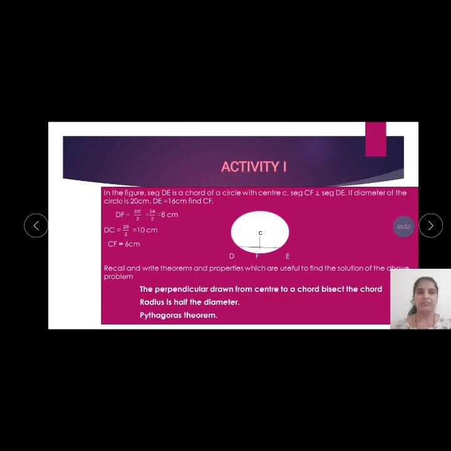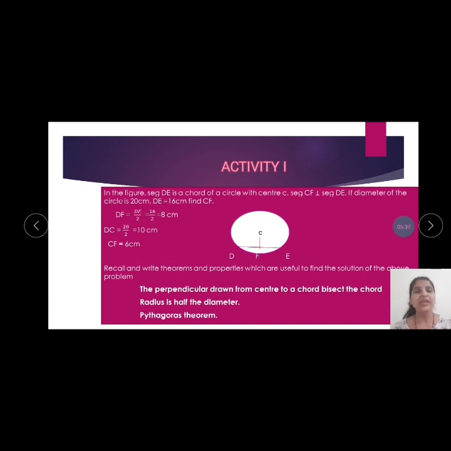Same with the diameter. Now diameter is 20, so radius will be half of that, that is 10 centimeter. Now as CF is perpendicular, we get a triangle CFD, where DC will be the hypotenuse, right? So by Pythagoras theorem, DC square is equal to CF square plus DF square.